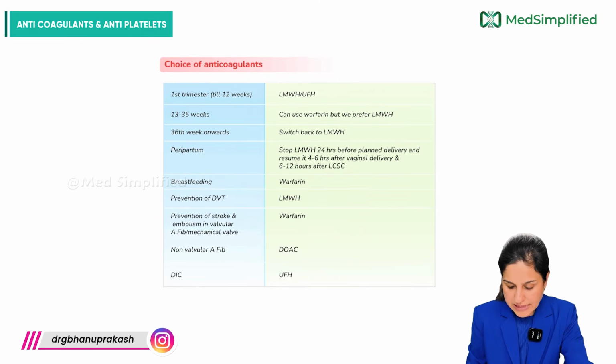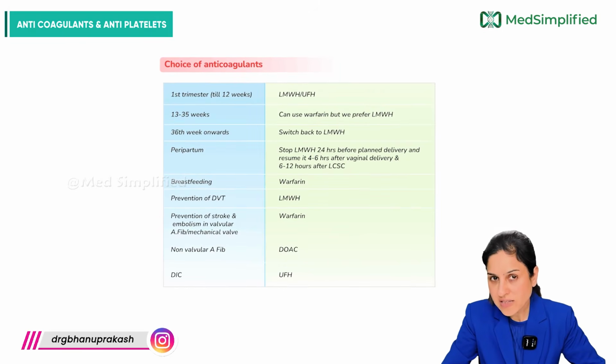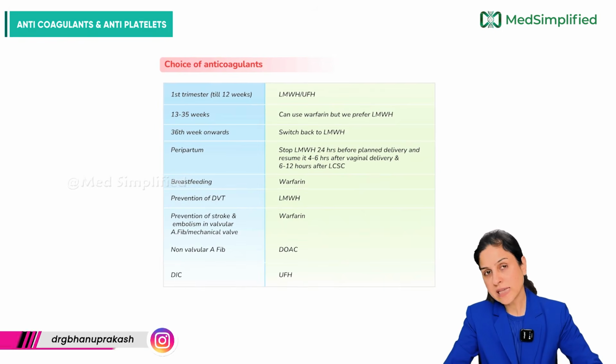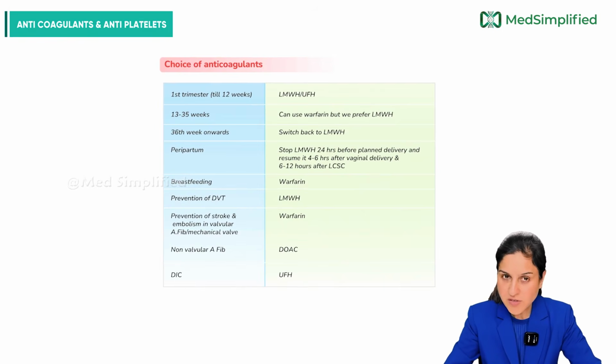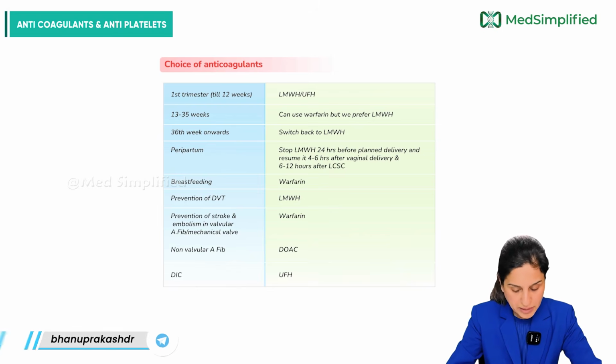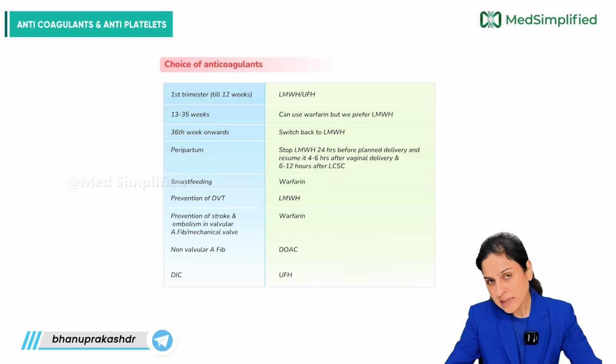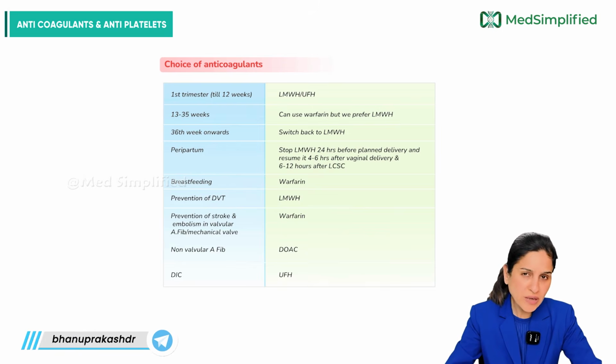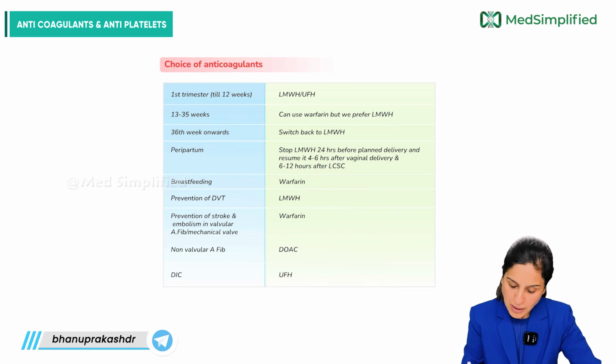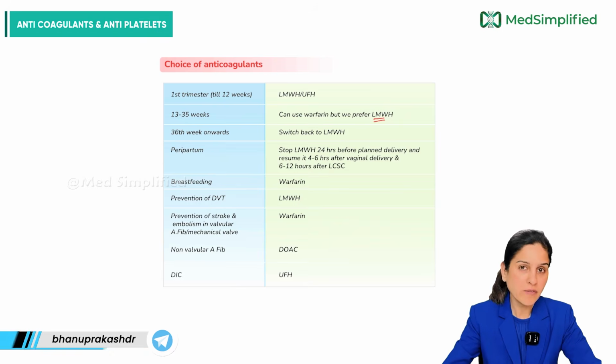So this is the table telling you about the choice of anticoagulants in various conditions. For example, in pregnancy, in the first trimester, we prefer low molecular weight heparin or heparin as such. Then in the mid 13 to 35 weeks, we can give warfarin, but still we prefer to give low molecular weight heparins.